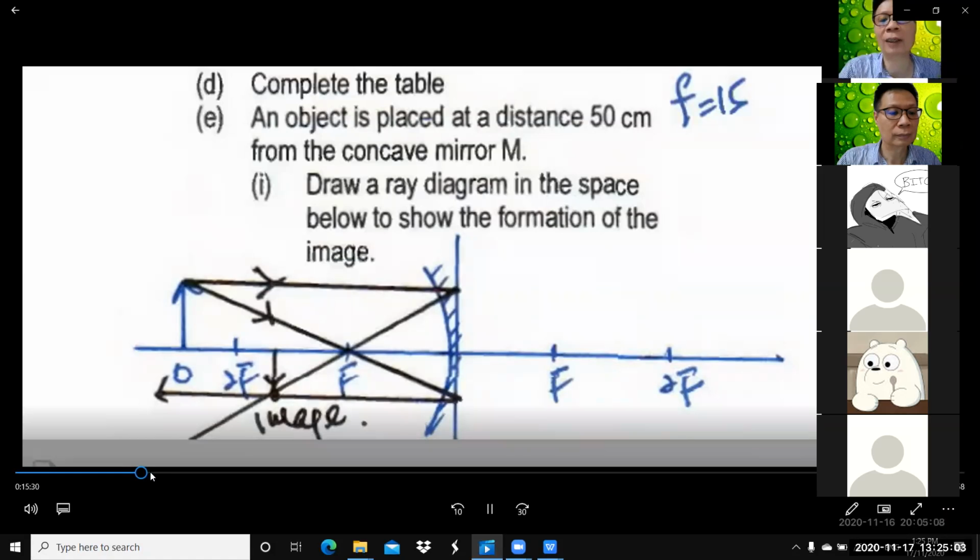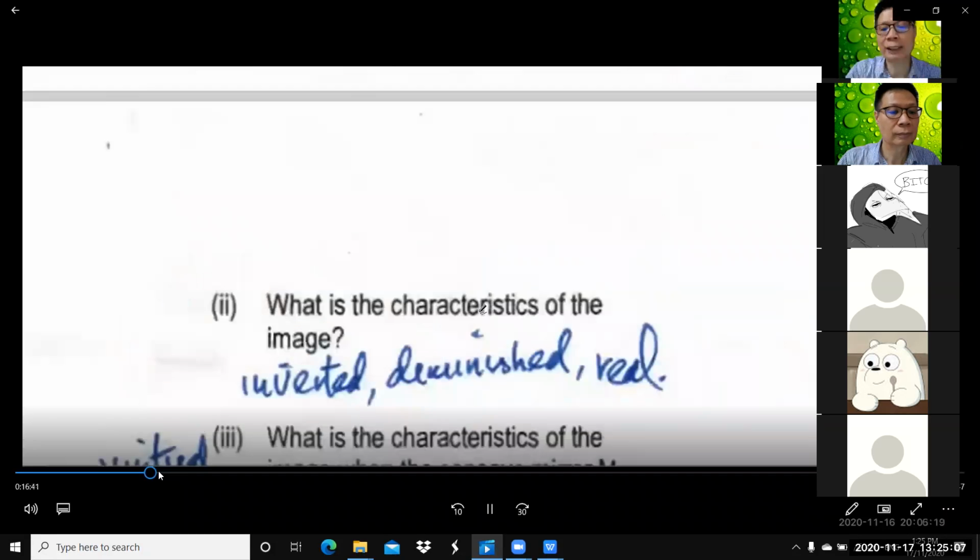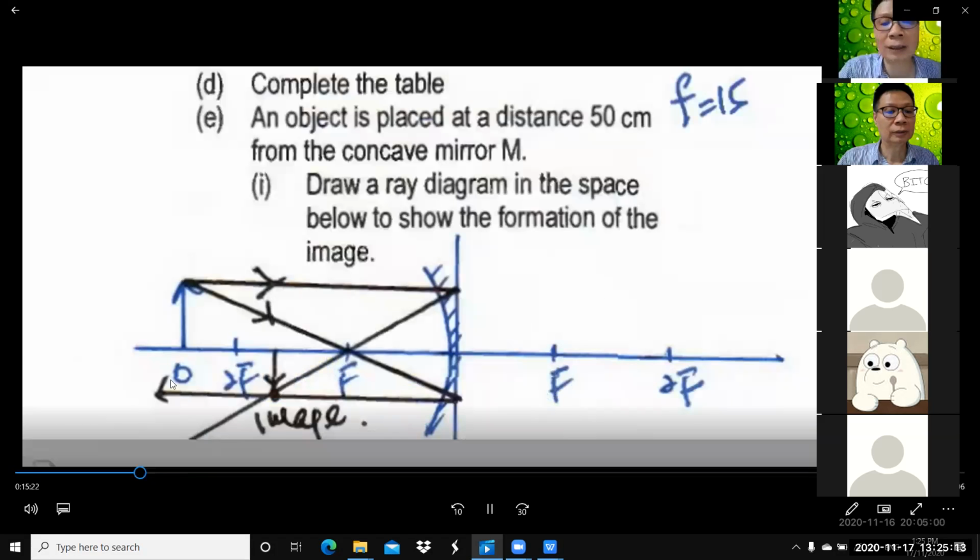Okay, Chloe? What are the characteristics of the image? Chloe, are you there?